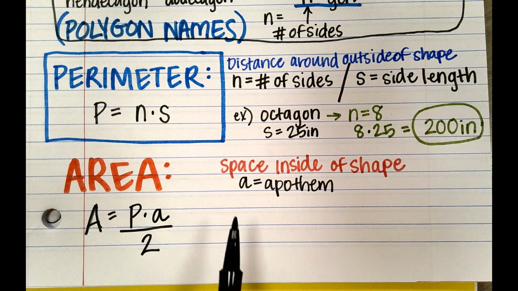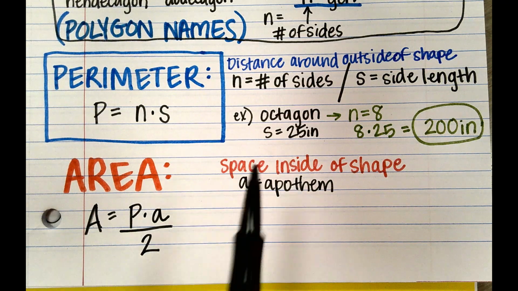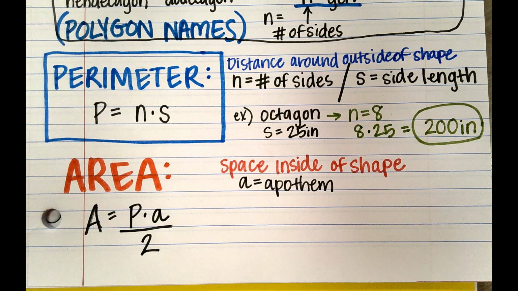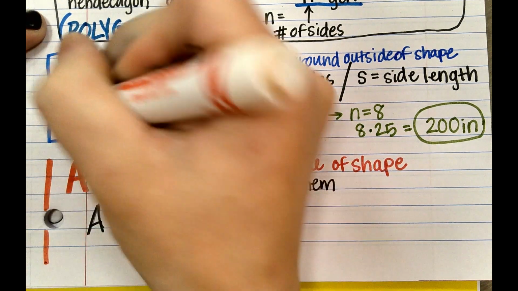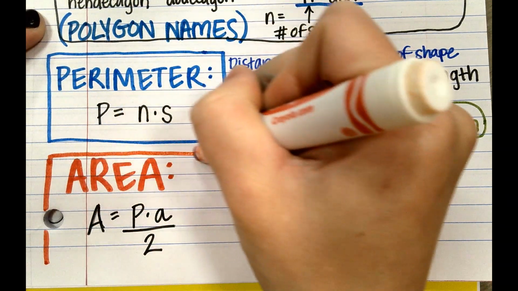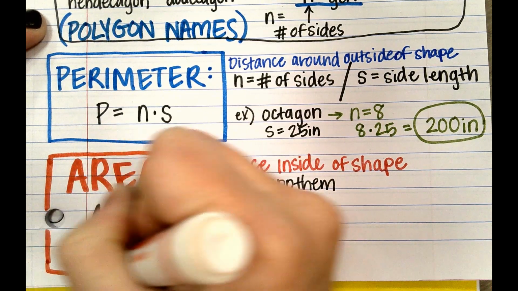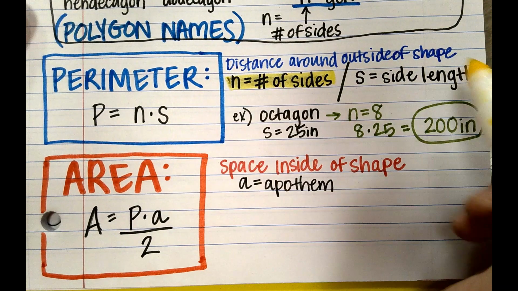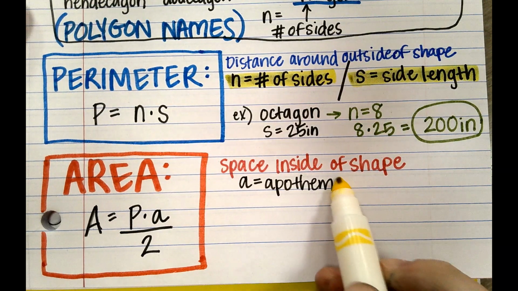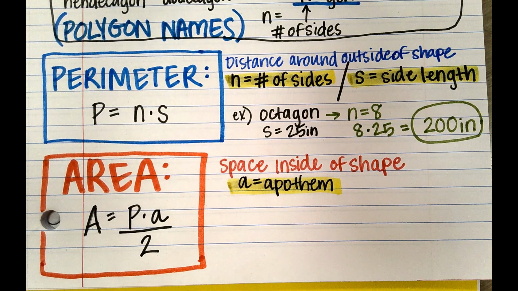But for a regular polygon, before you can find area, you need to have your perimeter. So that's why I'm showing it to you in this specific order. It's going to make solving these types of problems much easier if you try to do perimeter first and then use that to find area. Just going to highlight these in P and A so we don't lose track of them.